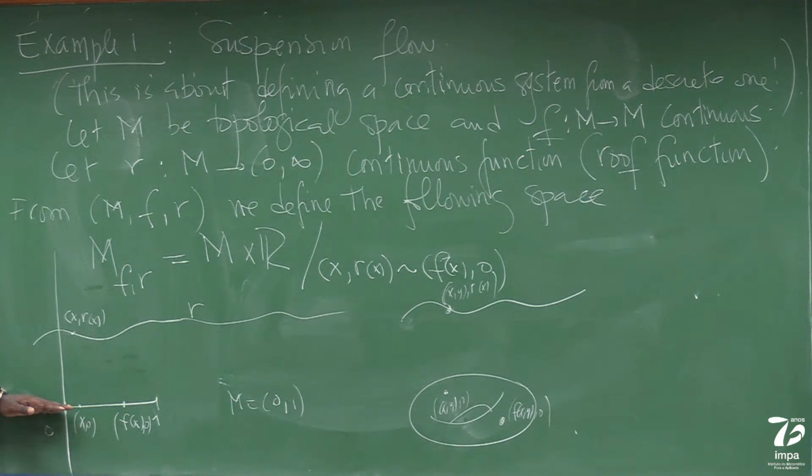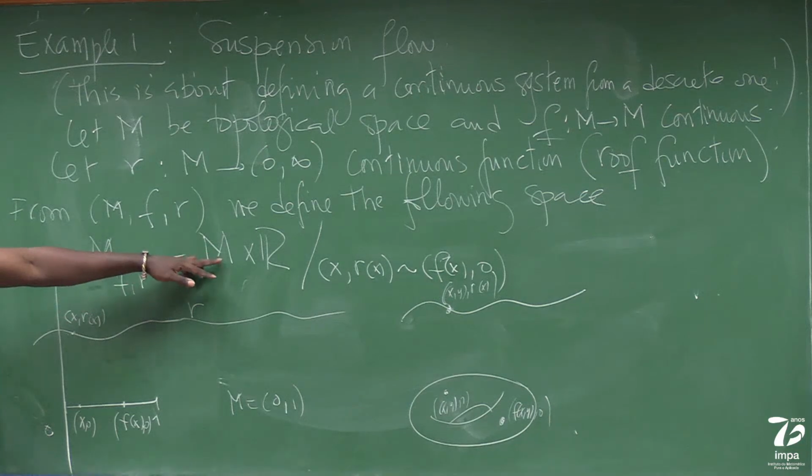If you're familiar with global sections of a flow, this M is just a cross section for the flow. A cross section is a codimension 1 space where every flow line hits.